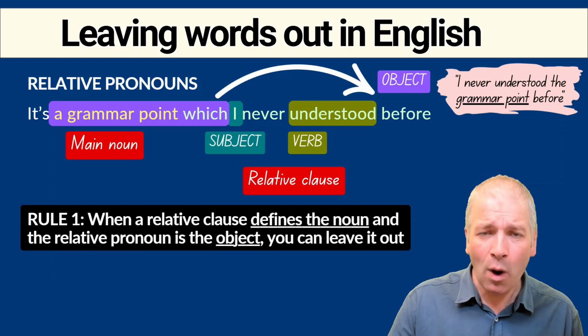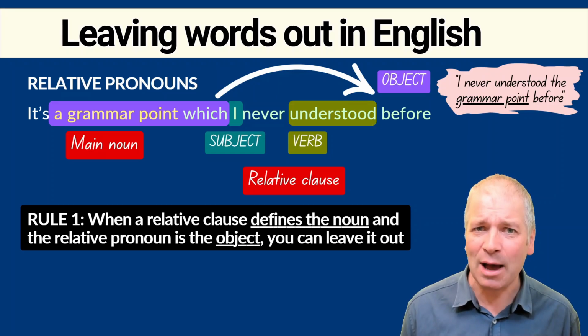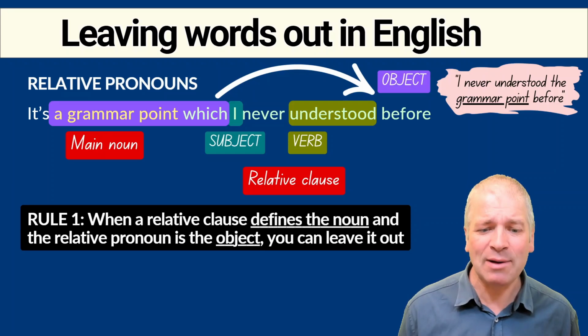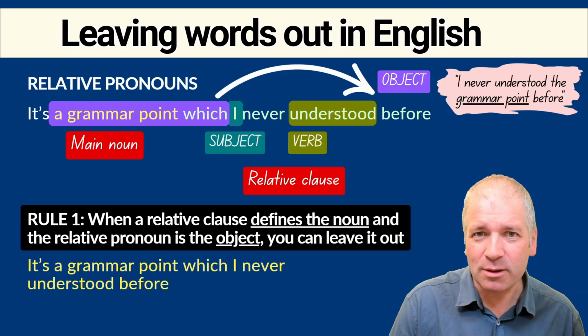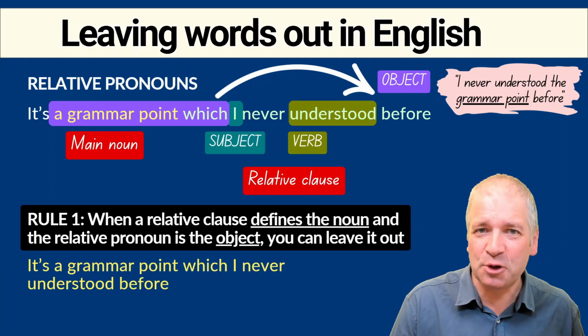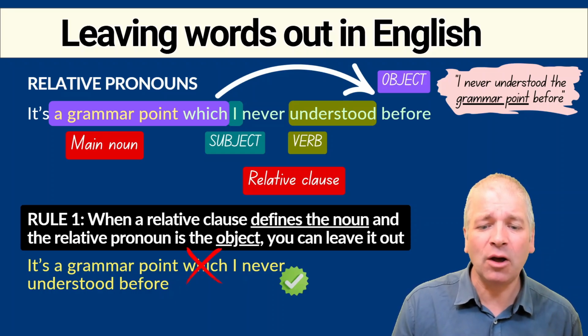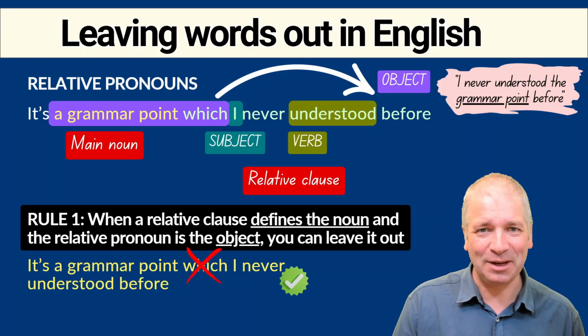And rule number 1 for leaving words out with relative pronouns is when a relative clause defines the noun and the relative pronoun is the object, you can leave it out. So in our example sentence, it's a grammar point which I have never understood before. We can leave which out because it defines the noun and it's the object of the sentence.